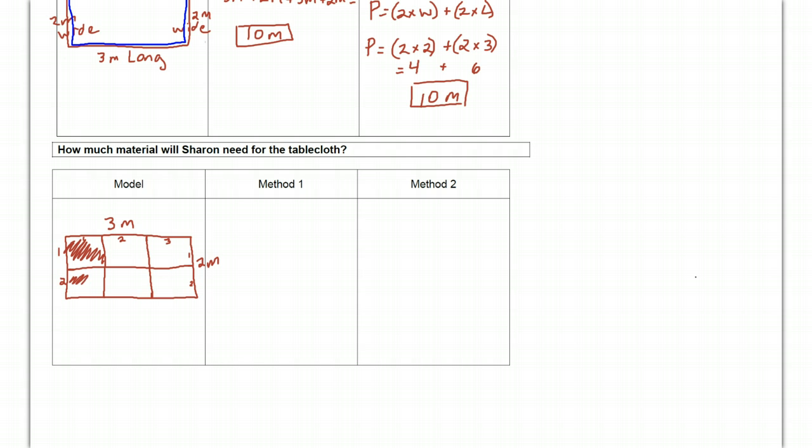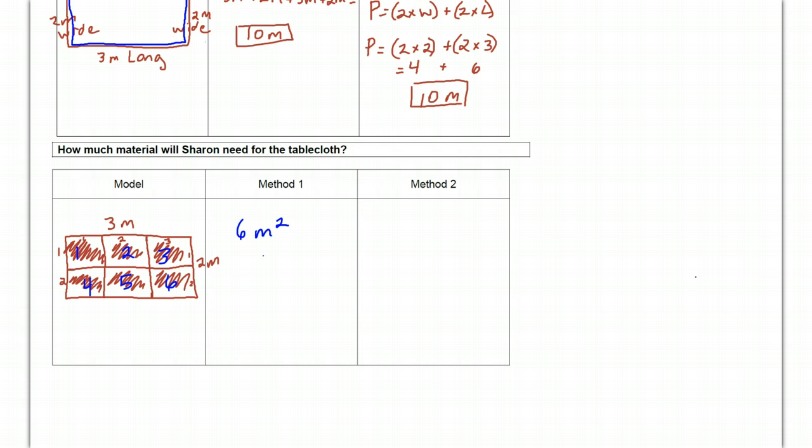Again, this would be another square meter, and this one, and this one, and this one, and this one. So if you count up all of the square meters, then you can find the area. So now you've got 1, 2, 3, 4, 5, 6. So you have 6 meters squared.